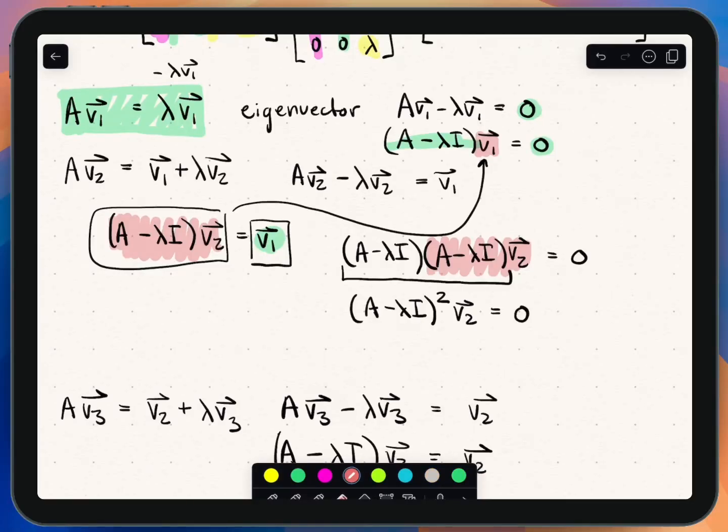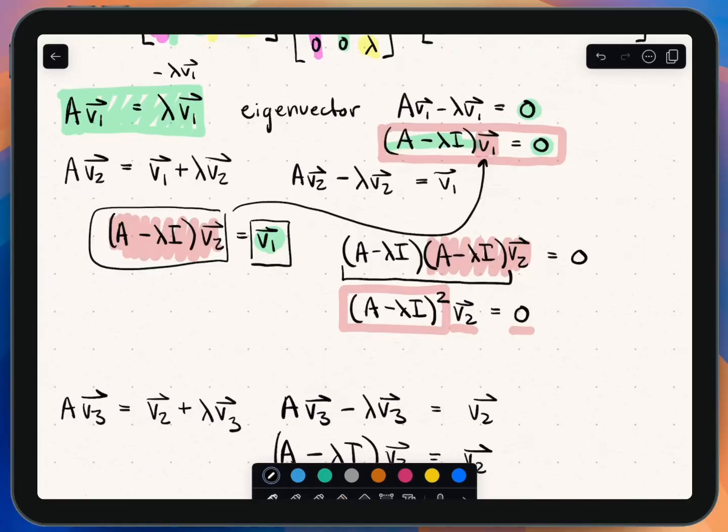So we're saying that for an eigenvector, you just have to do this equation once. We just need to take A minus lambda I one time to go to 0. But for a generalized eigenvector, we might have to do it multiple times. In this case, we need to do it twice for this vector to become 0.